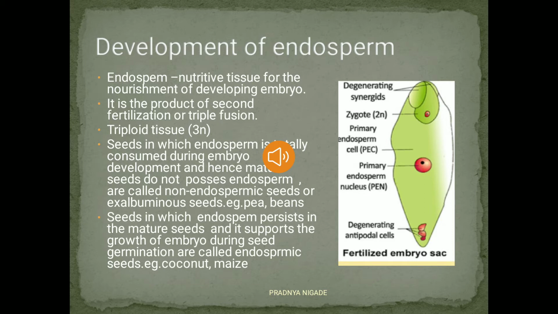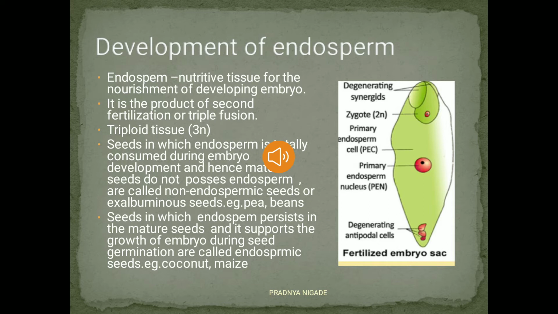We have seen in the previous video that in triple fusion, the second haploid male gamete fuses with the diploid secondary nucleus and produces the primary endosperm nucleus, that is PEN. The triploid primary endosperm nucleus divides mitotically repeatedly and forms the nutritive tissue called endosperm.